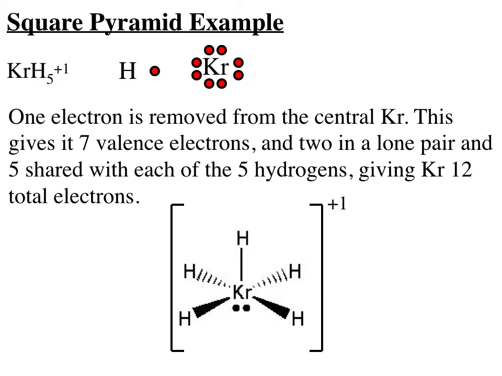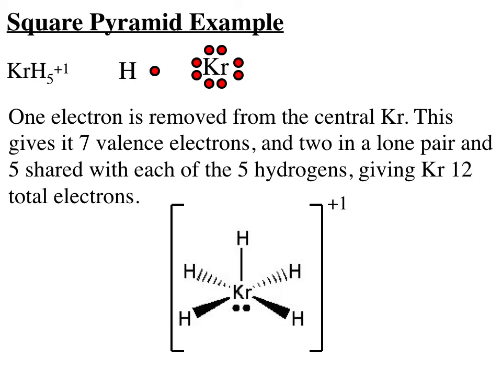But somehow, let's say I ionize the krypton to a +1 state, making it have 7 valence electrons. Then I attach 5 hydrogens in single bonds to 5 of those valence electrons. There are 2 valence electrons left, so I have 5 bond pairs and 1 lone pair.